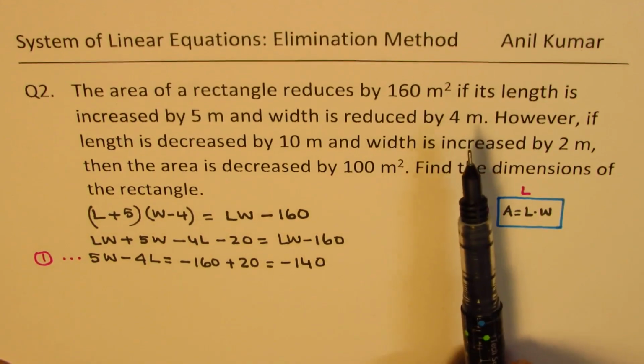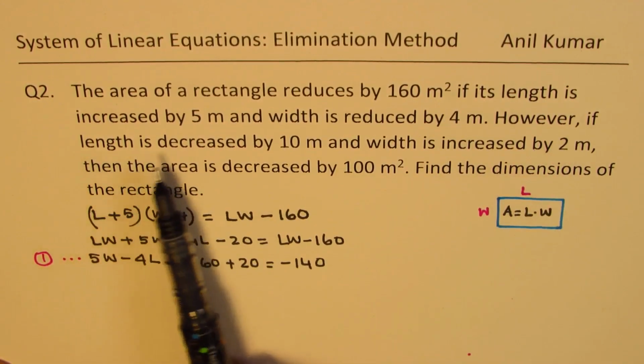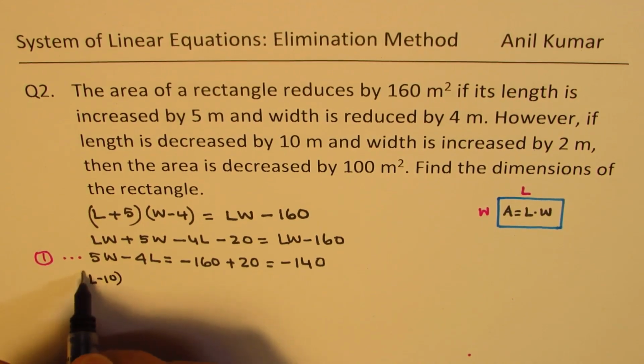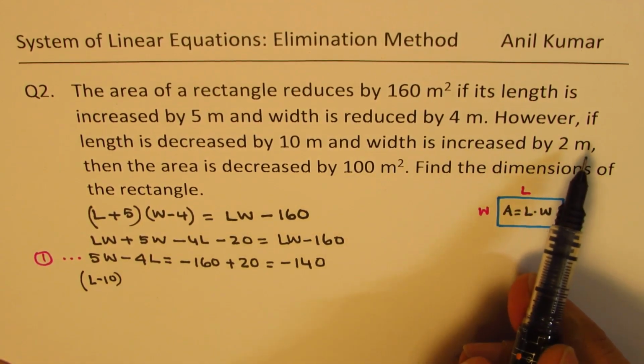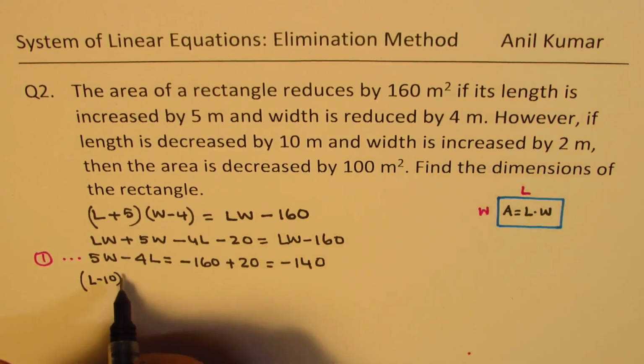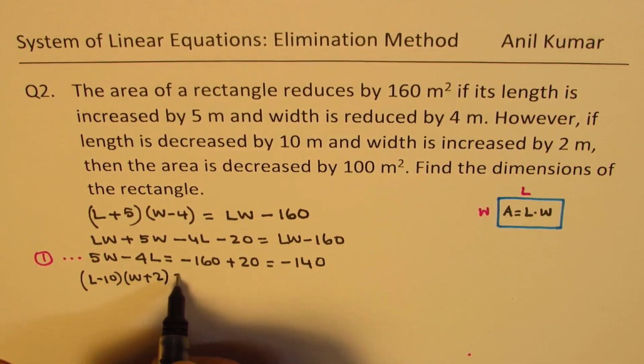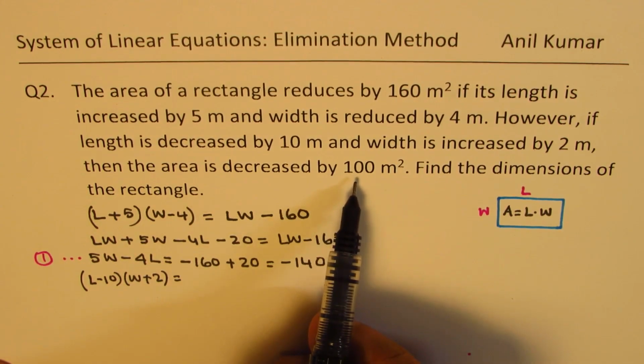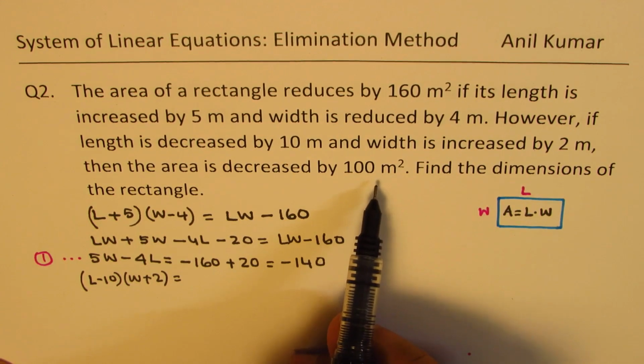Second condition is, however, if the length is decreased by 10, that means length minus 10, and width is increased by 2, width plus 2, the area decreases by 100 meters square.